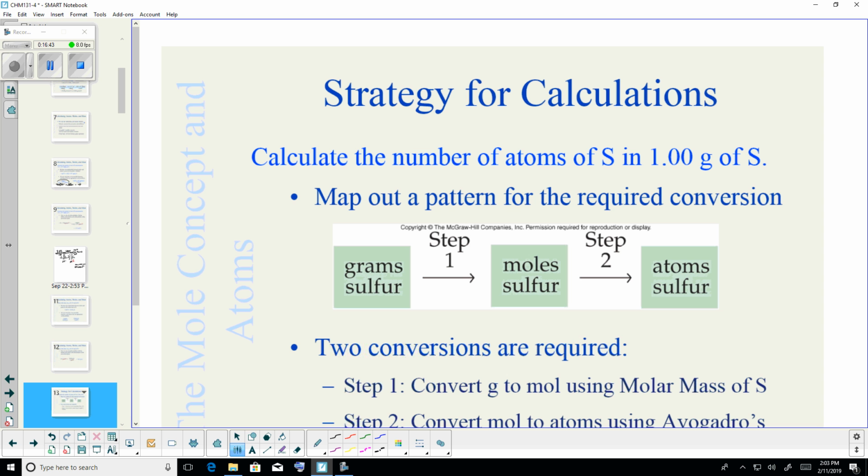Calculate the number of atoms in 1 gram of sulfur. Okay? So here's where the problem is. If I look on the road map, I can go from moles of A to particles of A, right? But I wasn't given moles. I was given grams.